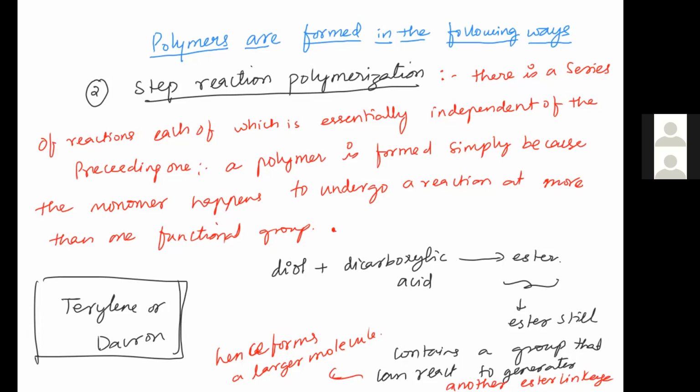The third type is free radical vinyl polymerization. So I'm just clearing this. We have three.